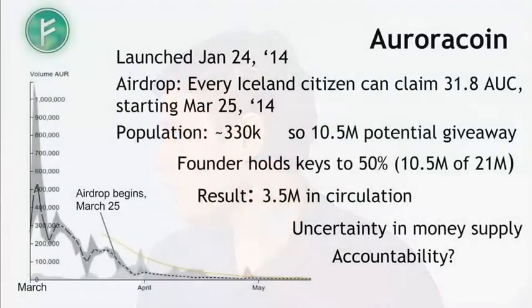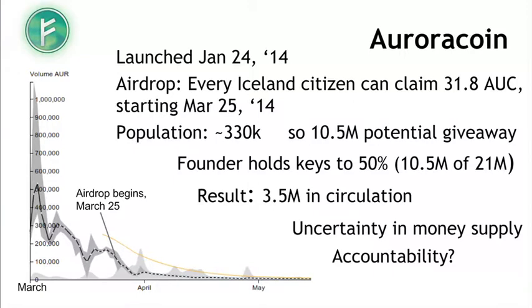Now, in total, Aurora Coin has a total supply of eventually 21 million coins, half of which are given out to miners gradually, and the other half of which, 10.5 million, are set aside and dedicated to be available for Iceland citizens to claim their fixed portion. Now, Iceland has only about 330,000 people, and at the time that the airdrop began, the coins were not available for Iceland citizens to claim until several months after the coin was initially launched.